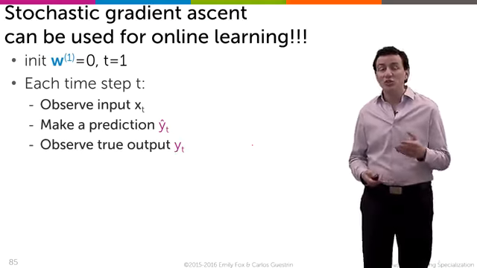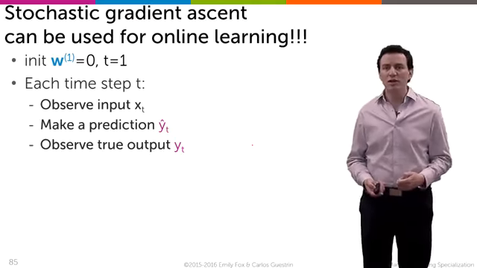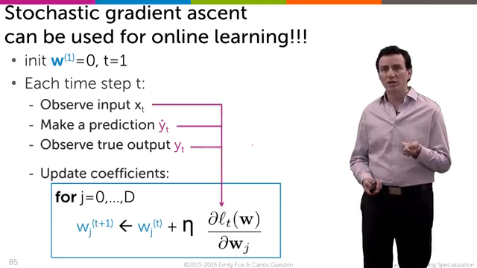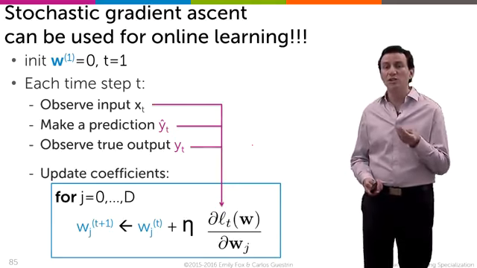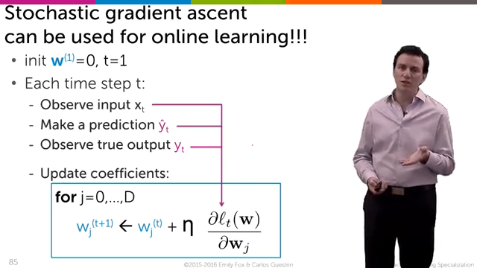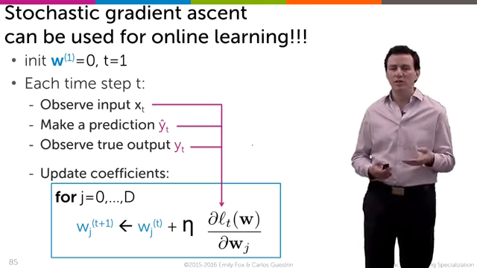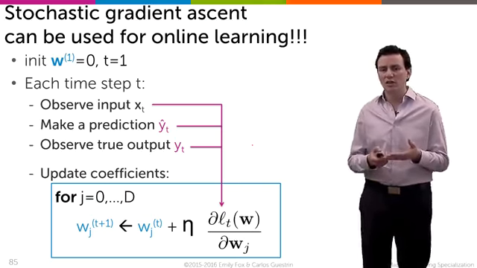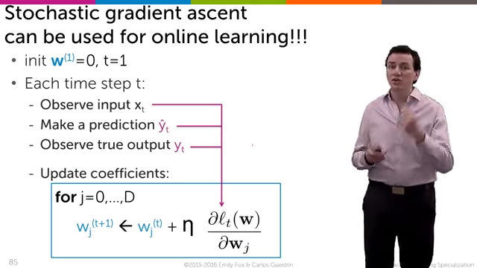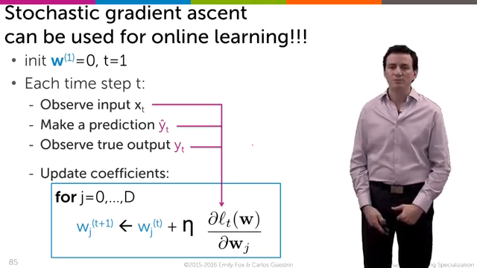And then you're given a true label, yt, and you want to feed those into an algorithm. Well, stochastic gradient will take those inputs and use them to compute the gradient. And then you just update the coefficients. So wj(t+1) is going to be wj(t) plus eta times the gradient, which is computed from these observed quantities in the real world.